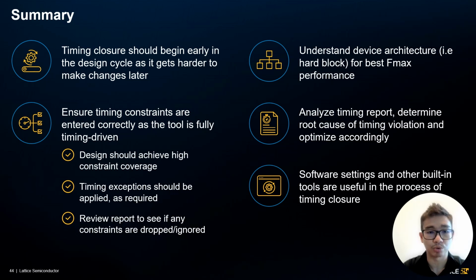It is also good to understand the targeted device architecture, including the hard block resources and IPs being used. When there are timing violations, analyze the timing report carefully, find out why it fails timing, and optimize the path accordingly. This can be done through RTL optimization or using other software settings. Radiant provides a handful of built-in tools to assist users in the process of timing closure.